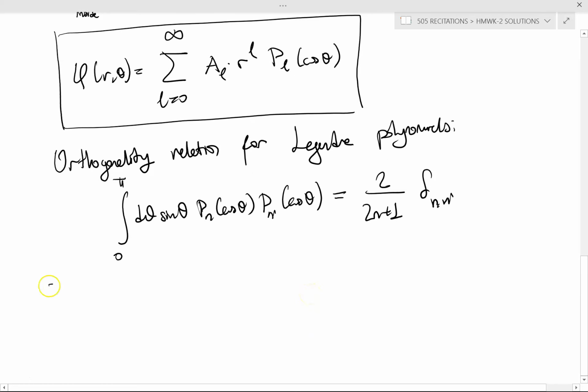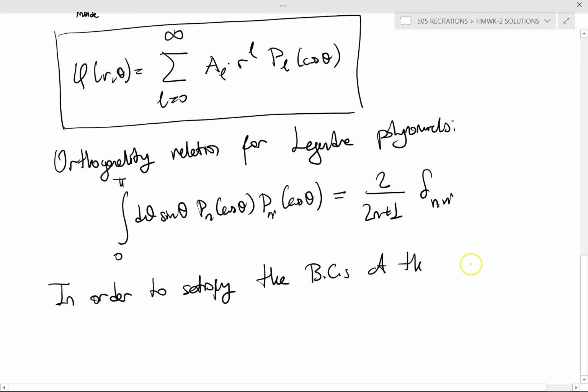In order to satisfy the boundary conditions at the surface of the sphere, which means that r equals to, what was it, capital R?